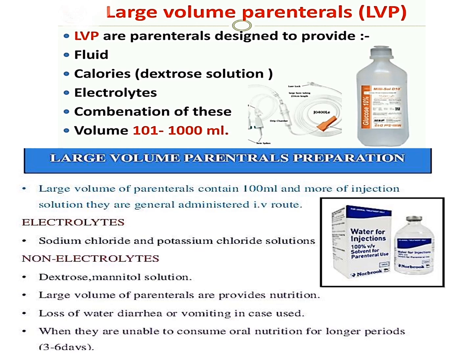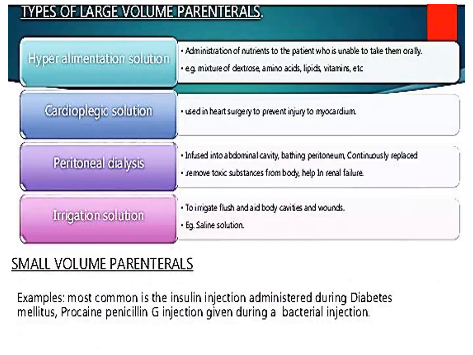Non-electrolytes are also there, which include dextrose. Large volume parenterals provide nutrition in cases of loss of water during diarrhea or vomiting, to enhance the nutrition quantity into the body, so these are given to the patients.